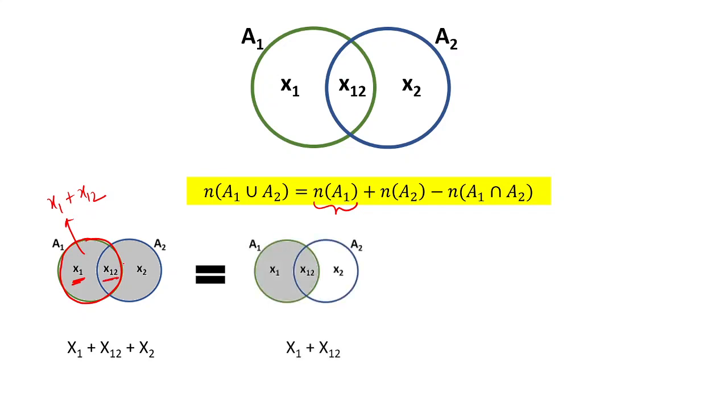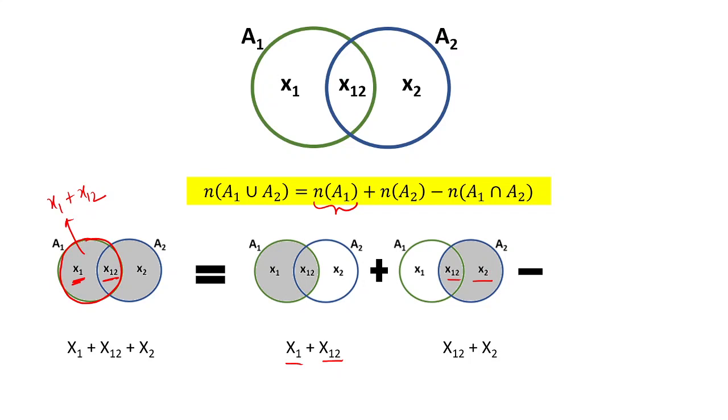Sometimes I will say the number of elements as area. This area is x1 plus x12. Then the second area in the formula is x12 plus x2. And then the third area, which is the intersection, in both of these sets, would be x12.